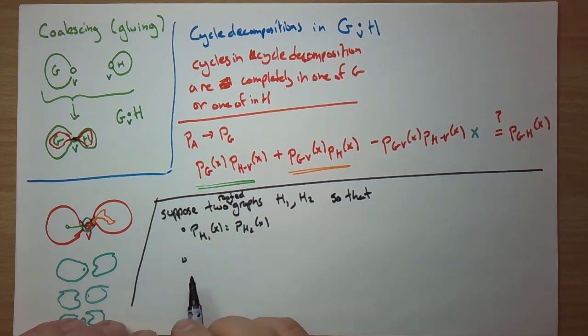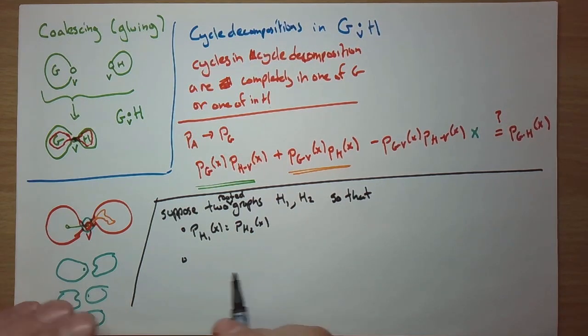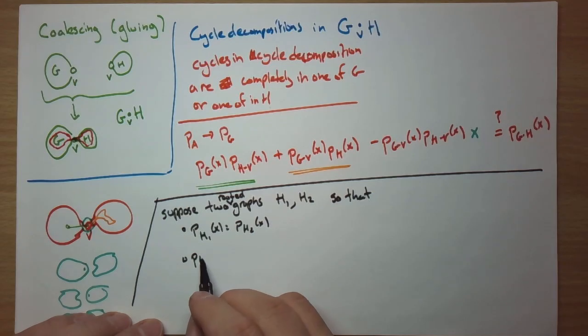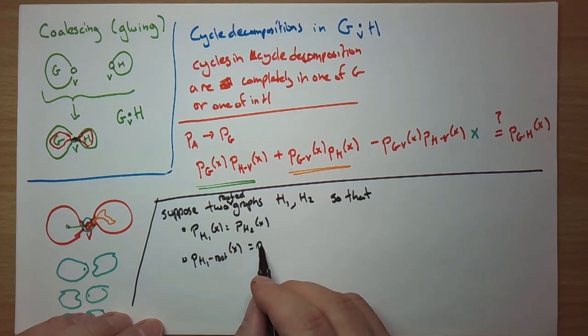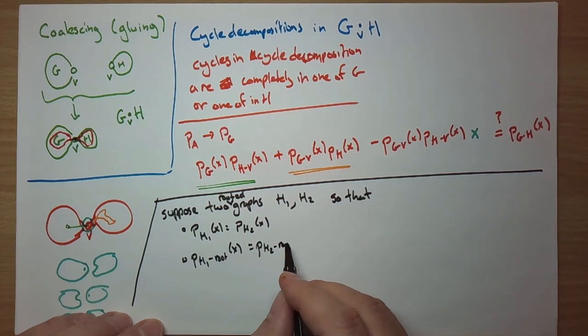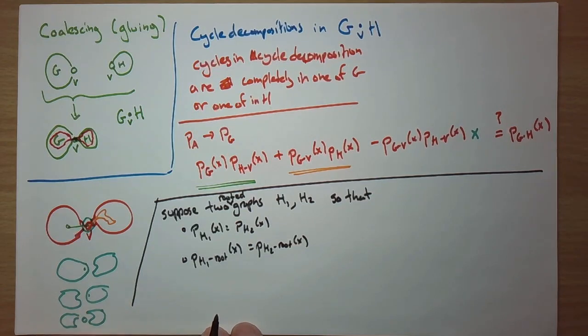All right, so we'll call the root V, and we'll say P of H1 minus the root of x equals P of H2 minus the root of x. All right, so suppose I have these two facts.